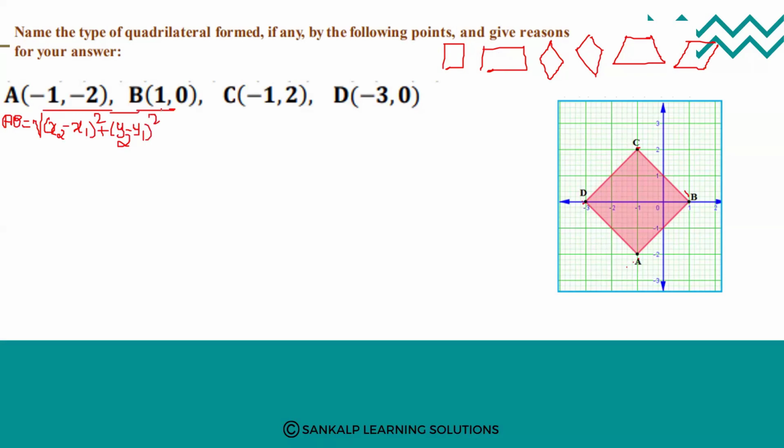This is our formula, right? For AB, this is x1 y1 and this is x2 y2. x2 is 1 and x1 is minus of minus 1 whole square, plus y2 value is 0, y1 value is minus of minus 2 whole square.